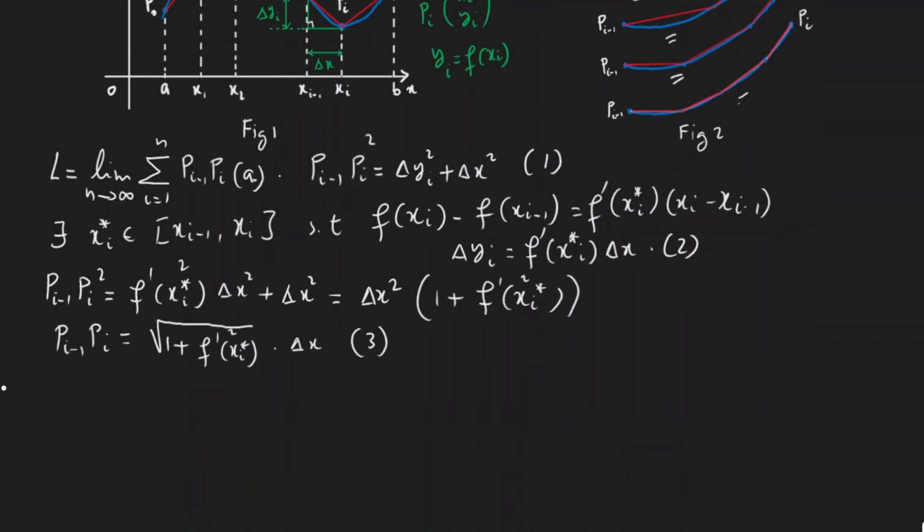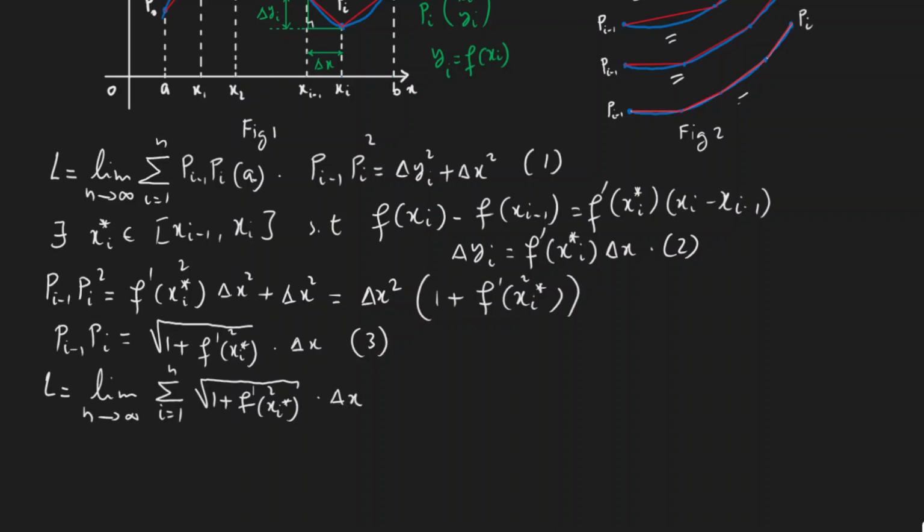We will get L equal to the limit when n goes to infinity of the summation when i goes from 1 to n of the square root of 1 plus f prime of xi star all squared, times delta x.